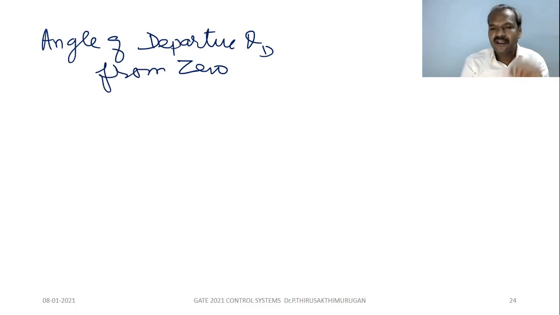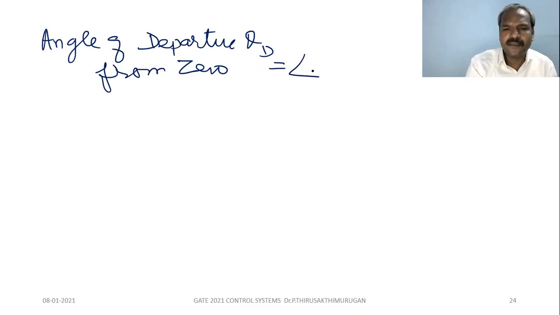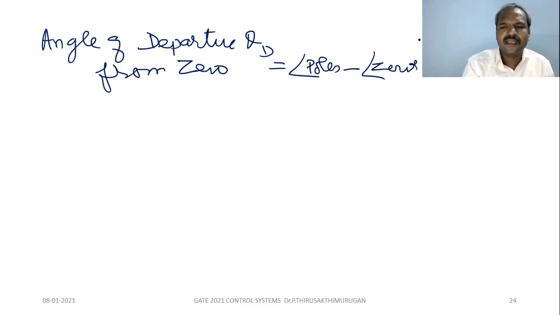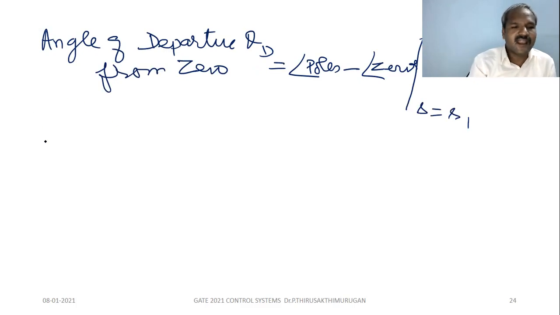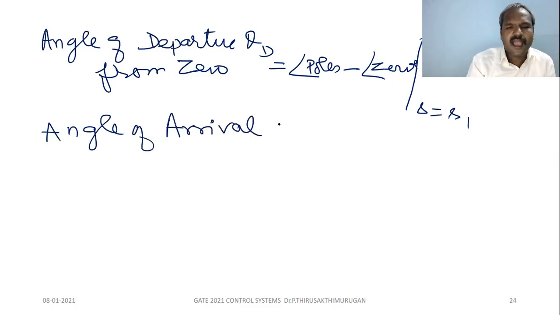The angle of departure equals the sum of angles of poles minus the sum of angles of zeros at s equal to s1. Then the angle of arrival at a pole.